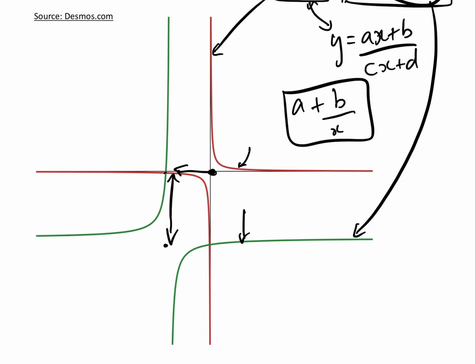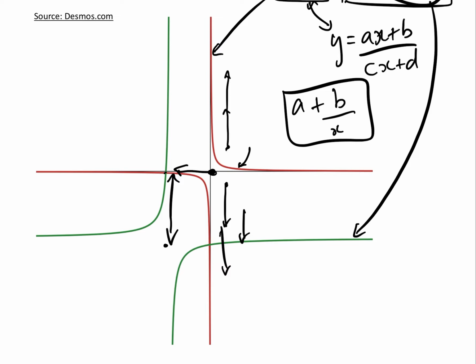Just to give an example, to reflect a point in the x-axis moves this point from, say, here to here, and then stretching it moves it up that way or down that way, and then adding moves it either up that way or down that way.